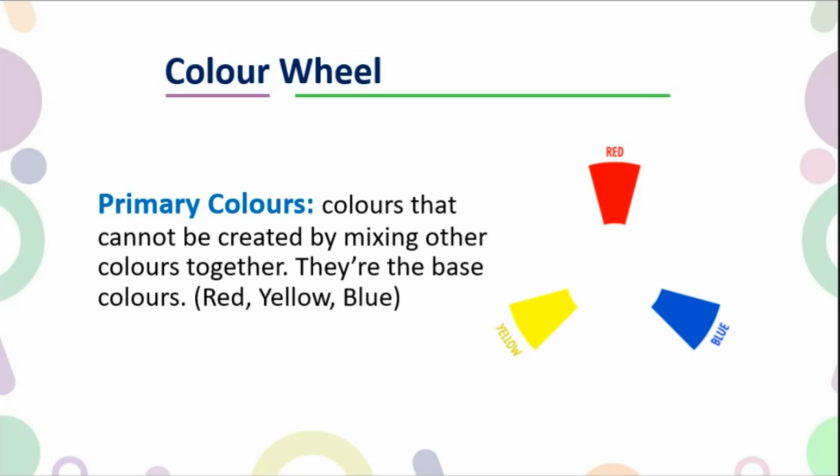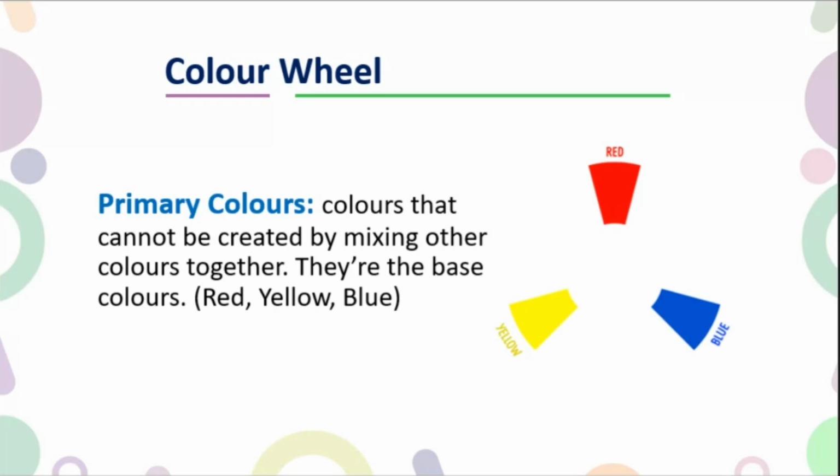We have primary colors of pigment and primary colors of light. In primary colors of light, we have red, green, and yellow. So in our graphic design jurisdiction, we will be basing on the primary colors of pigment. So we have the red, yellow, and blue.